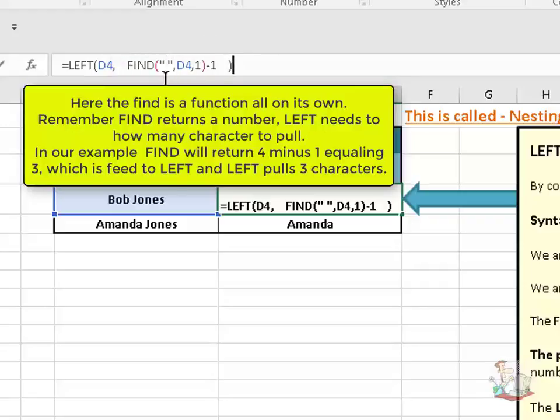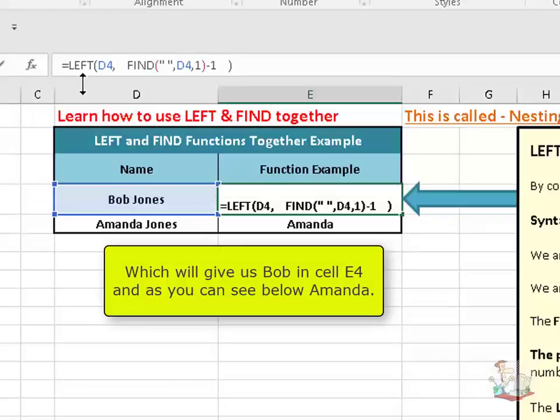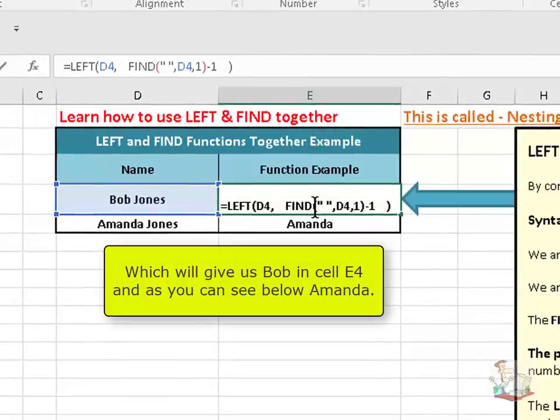So we're looking for the space, and that is after the lowercase b. So that would be a total of 4. But we want to subtract 1 from it because when we pull the name, we only want to pull the first 3 characters. So that will give us 3, and the 3 is fed over to left, and left pulls the first 3 characters of the name.